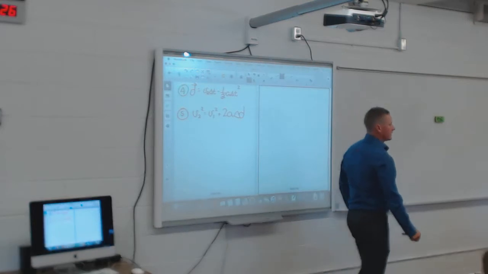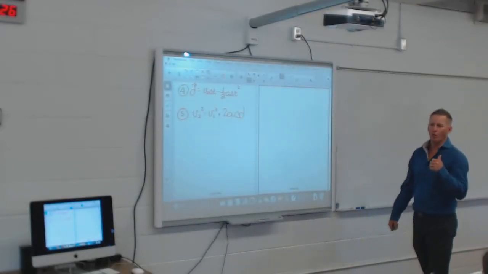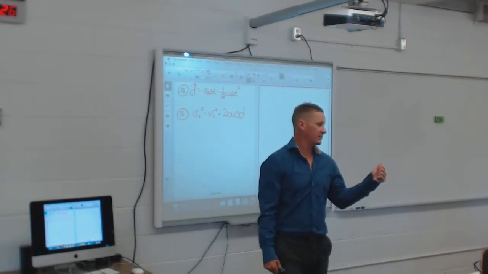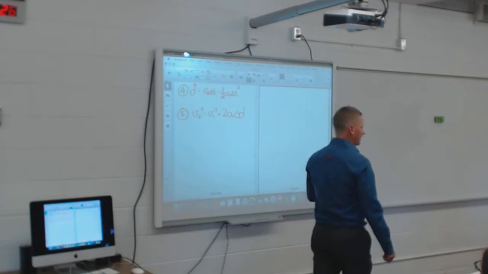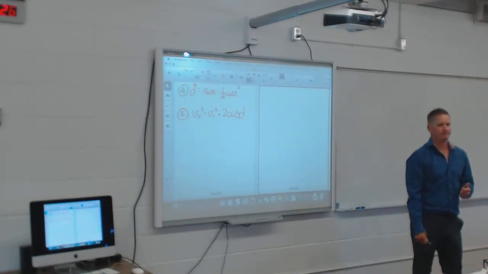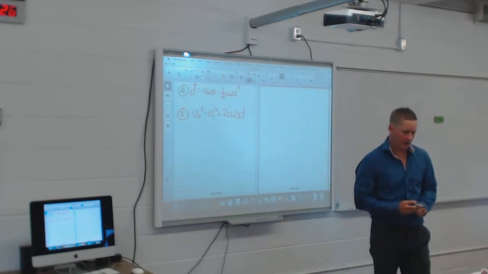Those are the 5 equations that you're going to use anytime you do work with kinematics. For those of you that we haven't talked about this already, you should have done it in grade 10. Kinematics is the study of motion. Alright? Let's look at some examples.